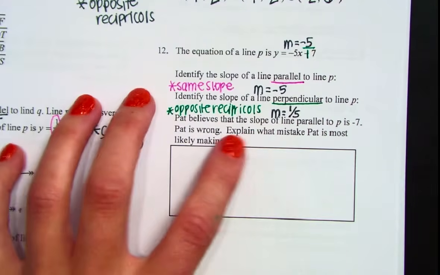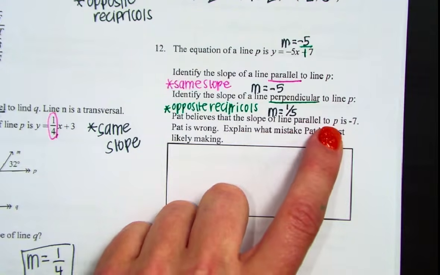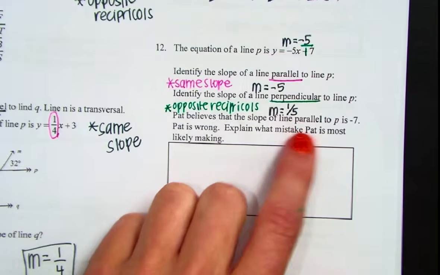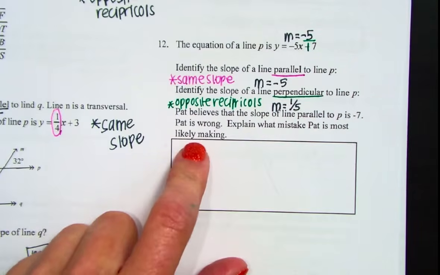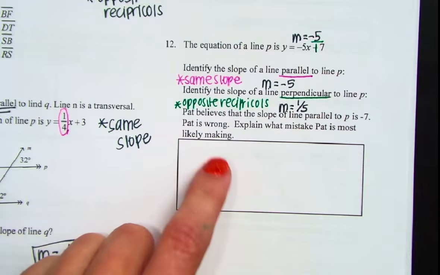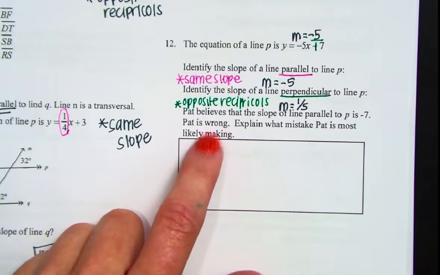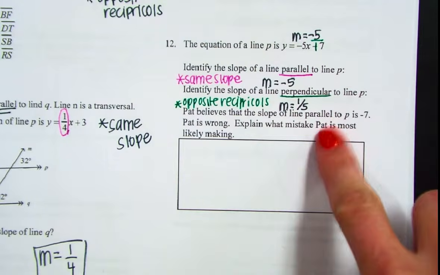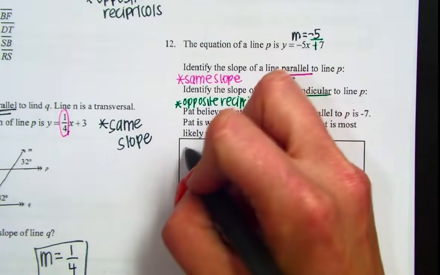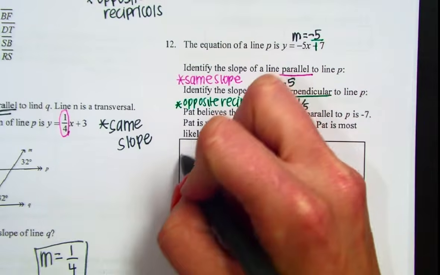Pat believes that the slope of a line parallel to P is -7. Pat is wrong. Explain what mistake he most likely made, or she, whoever Pat is. What are they doing wrong? I'm going to say that Pat probably thought that the y-intercept was the slope.